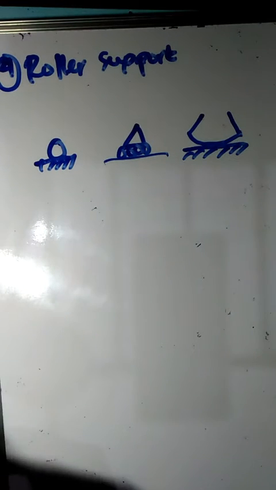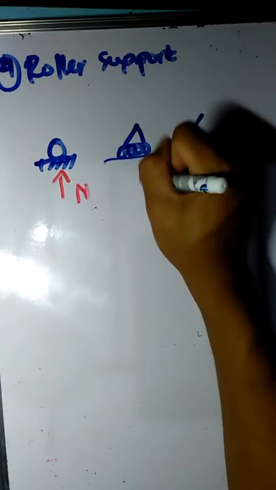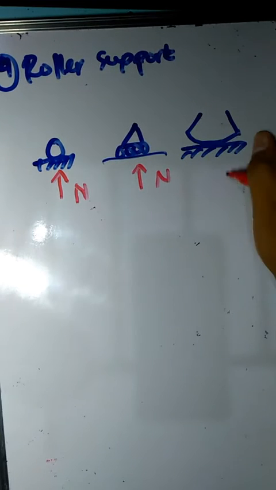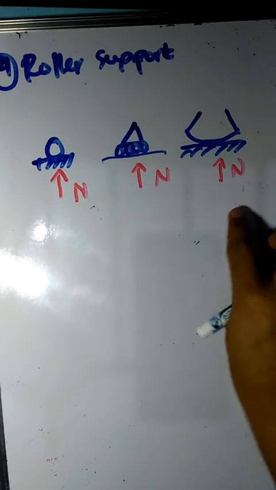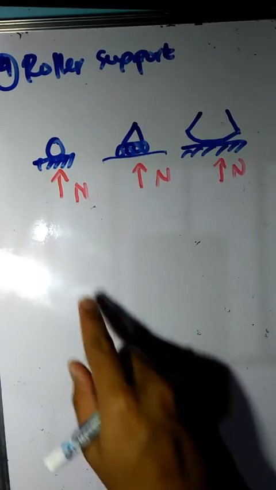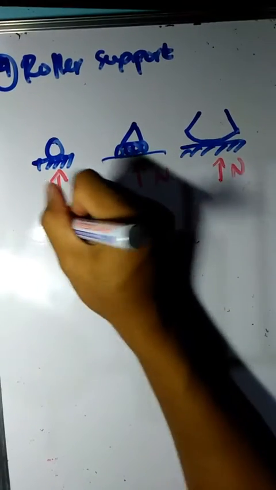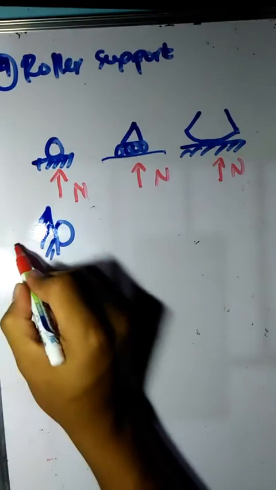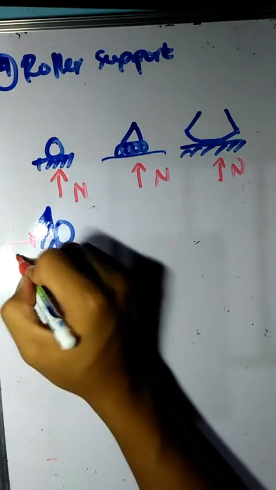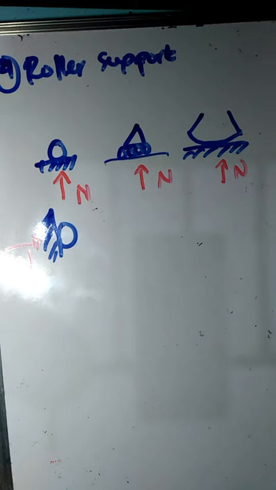Sa roller support is, of course, this one is perpendicular to the surface. So, kung mag-analyze tayo ng isang roller support, yung reaction natin dapat is perpendicular to the surface. So, sir, what if ganito yung roller natin, sir? So, obviously, if ganyan yung roller natin, again, this one should be perpendicular to the support or perpendicular to the surface. Yan yung roller support.